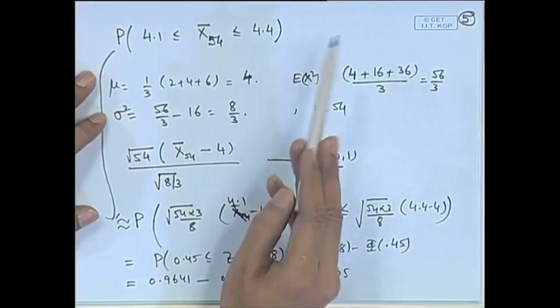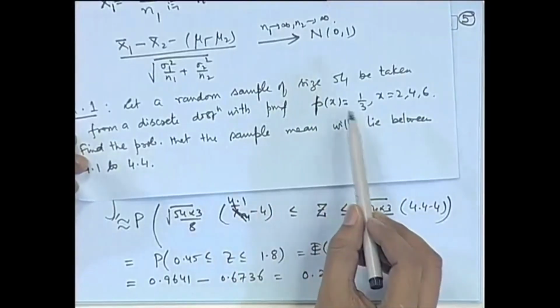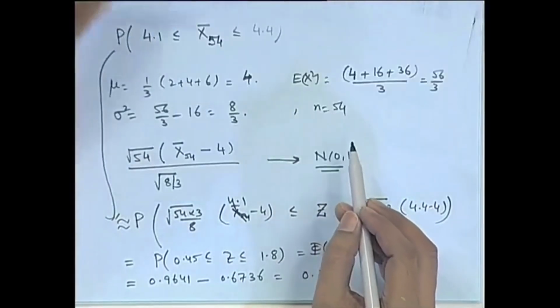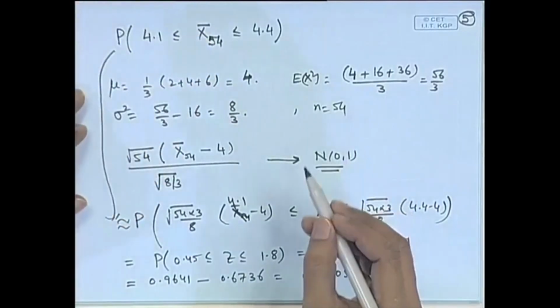Here we notice that the original distribution is uniform. So, the distribution of X 54 bar will be very complicated. We have seen earlier that the sum of two independent continuous uniform distributions is a triangular distribution. If we take 3 of the independent continuous uniform distributions, the form is some sort of parabolic in nature.